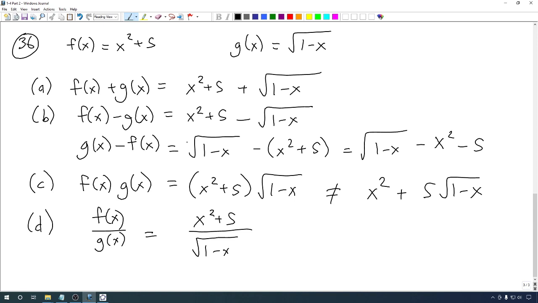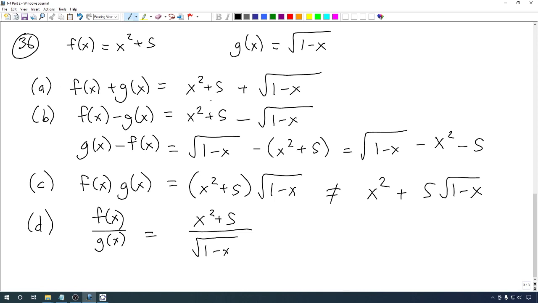Now, one thing we can note here is stuff about the domain. The domain of f is all real numbers, whereas the domain of g, keep in mind we do need to not have a negative under the square root, so we need that x is greater than or equal to 1. The fact that the domain of g is not all real numbers will have an effect on the domains of these combinations.